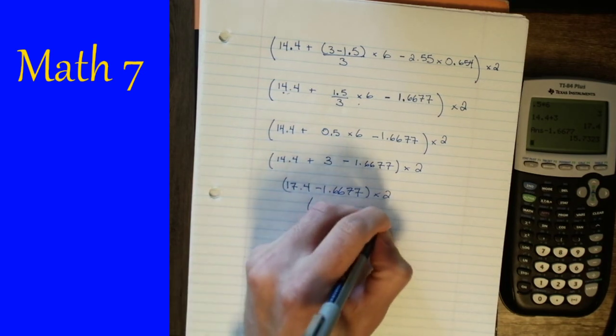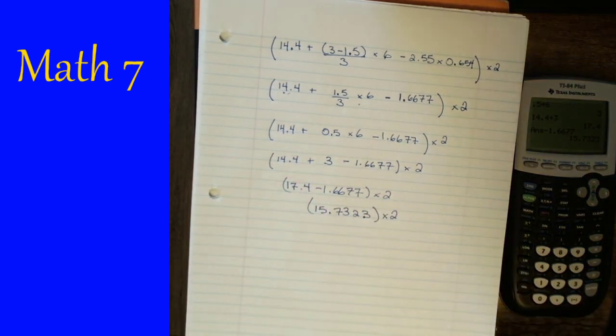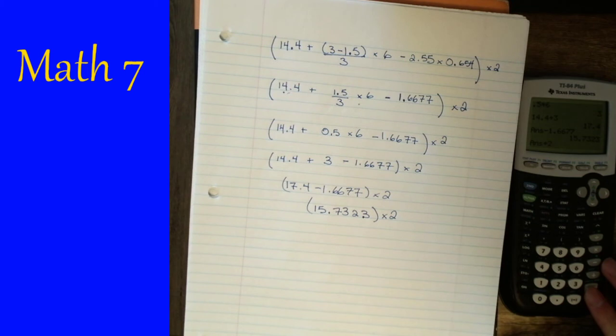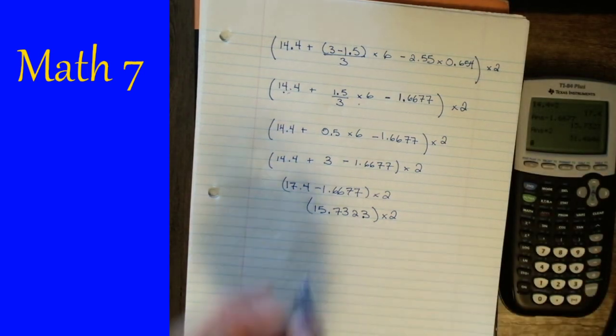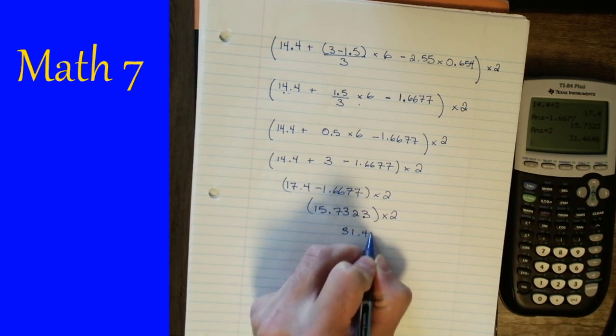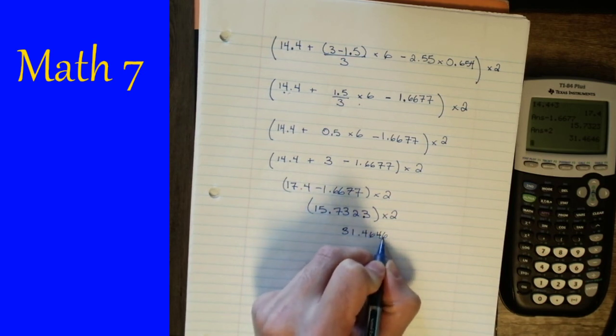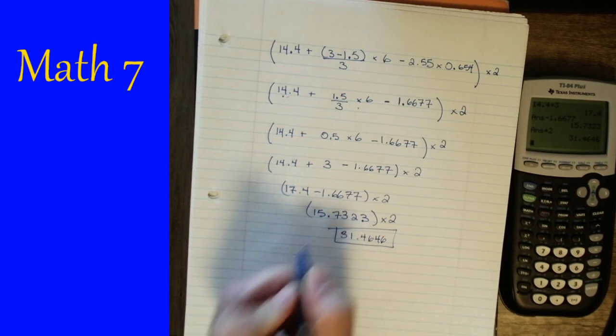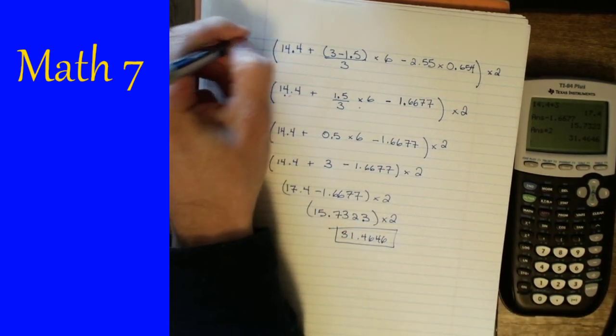And then that ends up getting multiplied by 2. So we end up with 31.4646. That's our answer for example 4.